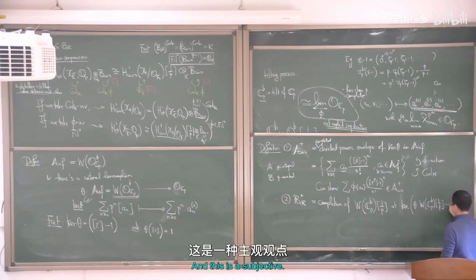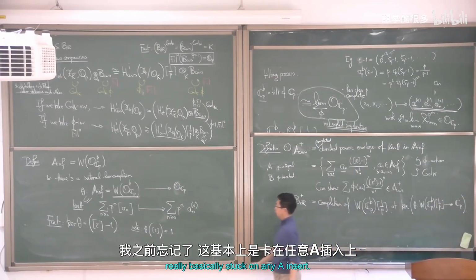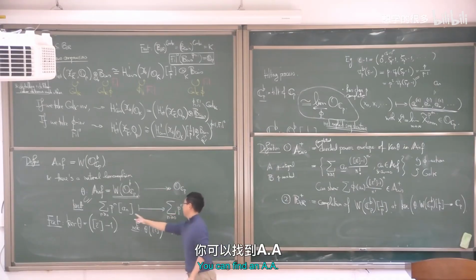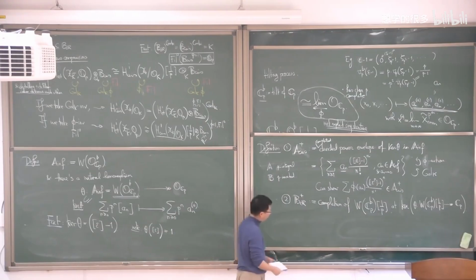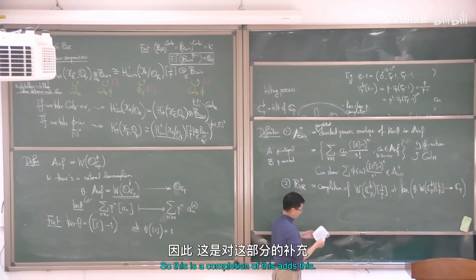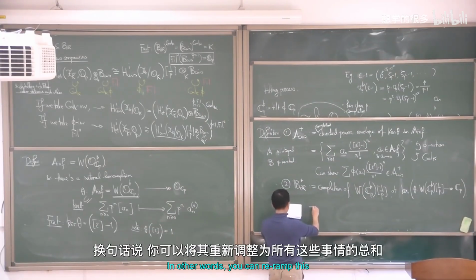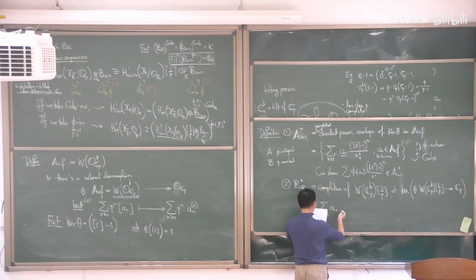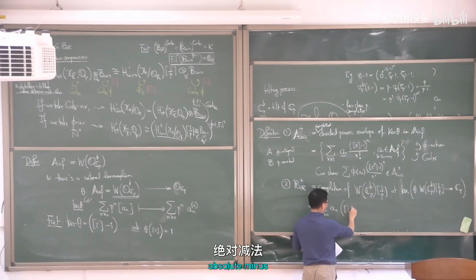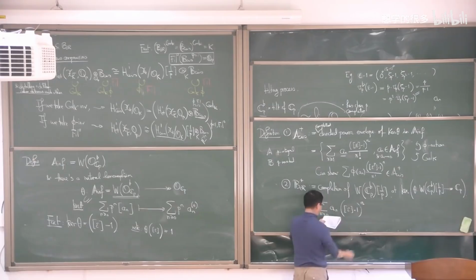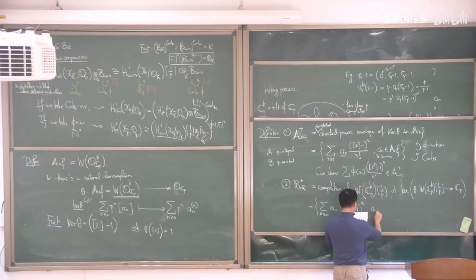And this is surjective. Also, I forgot to say earlier, this is also surjective. Basically, start from any a_n; you can find one. So this is the completion of this. In other words, you can rewrite this as the sum of all these things, a_n times epsilon minus 1 to the n, where a_n is in the Witt vector.